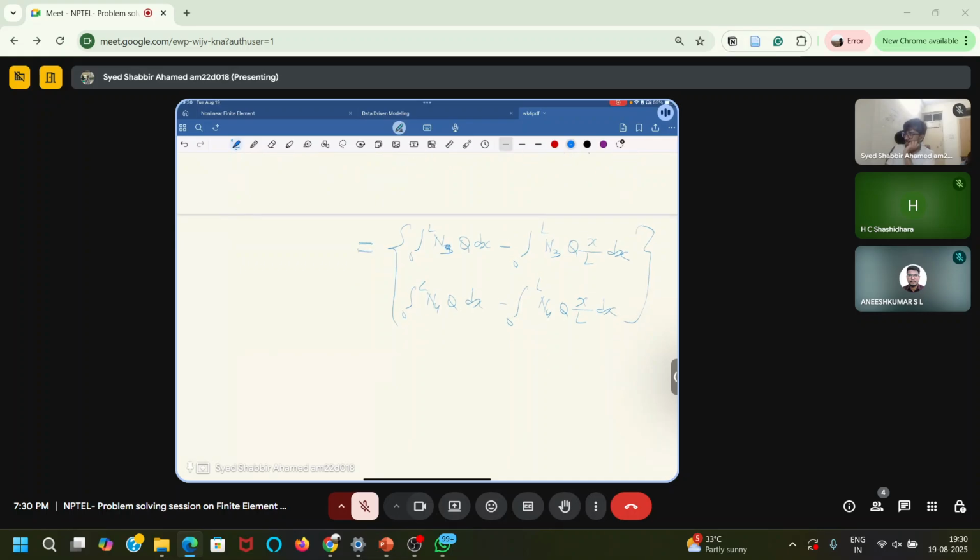Okay. So now Hermite interpolation polynomials are something which we will use here, because each end of the element, each node, has two conditions.